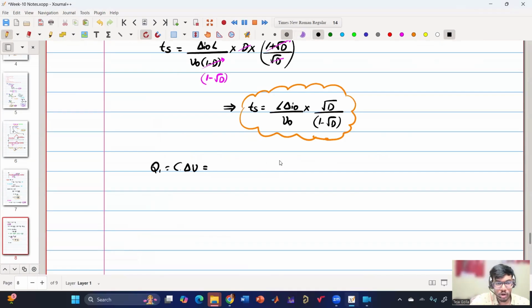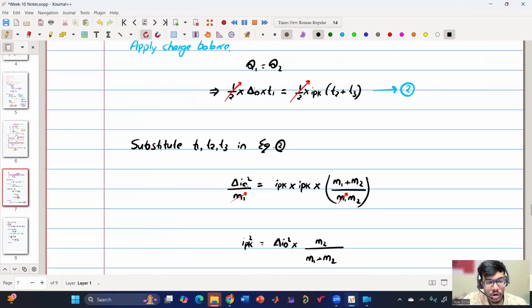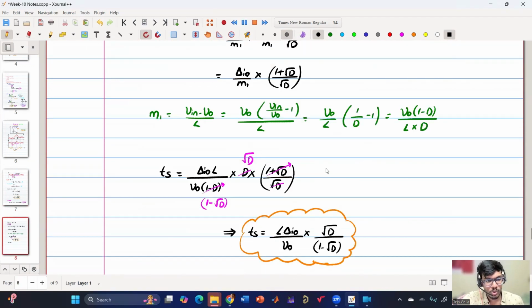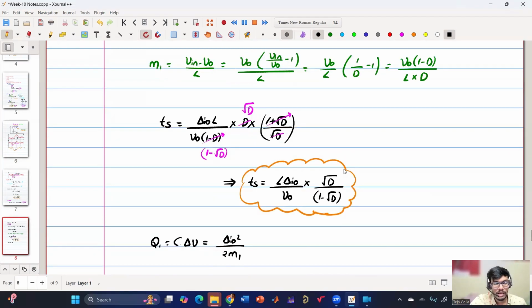And you know Q1 is how much? Q1 is delta I naught square by 2 into M1, right? So my Q is delta I naught square by 2 into M1. And we have just calculated M1, so let us substitute it.